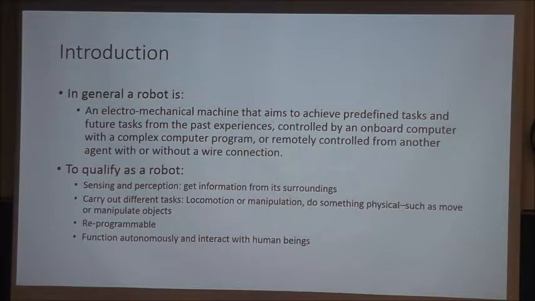This is my definition from my qualifying exam. A robot is an electromechanical machine that aims to achieve predefined tasks and future tasks from past experiences, controlled by an onboard computer with a complex computer program, or remotely controlled by another agent, the cooperative control, with or without a wire connection.